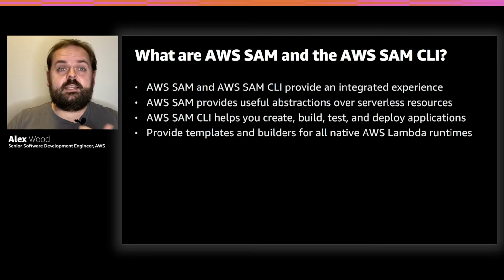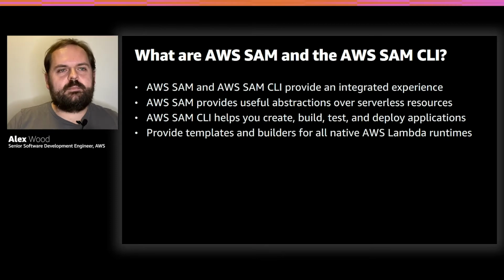So, as I said, together, AWS SAM and the SAM CLI provide an integrated development experience where AWS SAM provides a number of very useful abstractions over serverless resources and CloudFormation that help to really simplify a lot of common use patterns and really reduce the amount of templating code that you write.